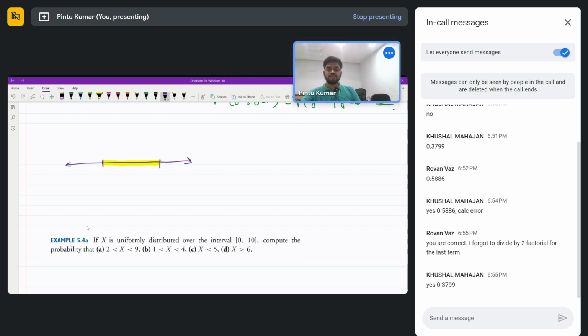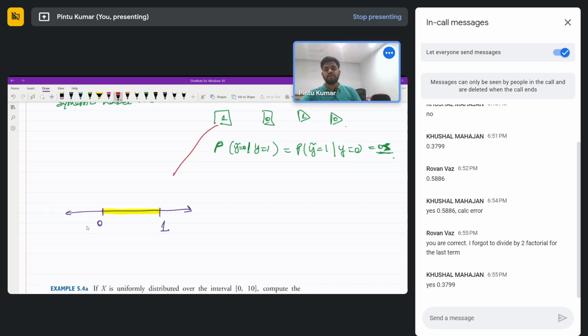This is your 0 and 1. For the first data point, you generate a uniform number between 0 and 1, and the number turned out to be this point. This is your 0.5 threshold. If the number you generated, let's say u1, is greater than 0.5, then you don't flip.